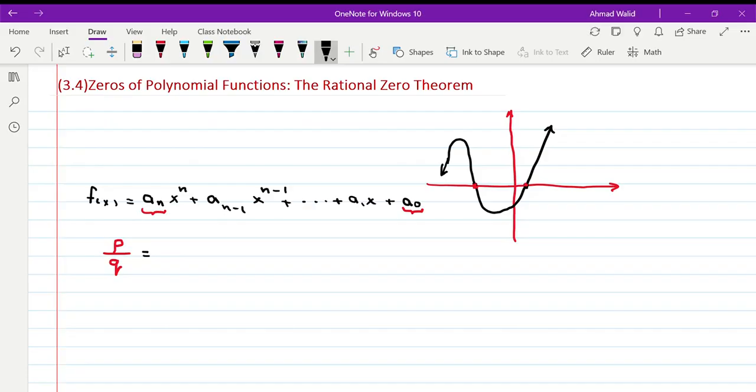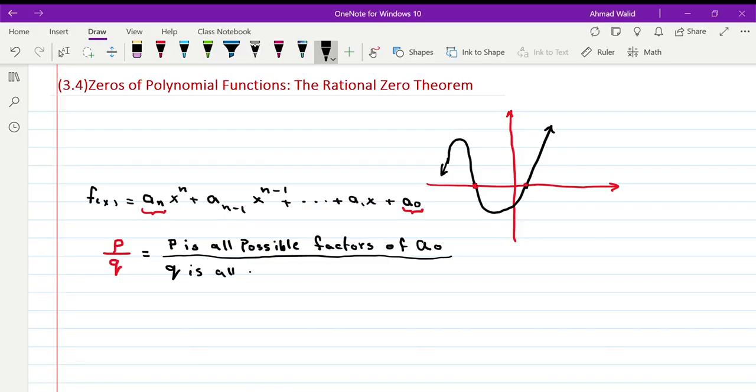P is all possible factors of a0, which is your constant term, and q is all possible factors of a sub n, your leading coefficient, correct?